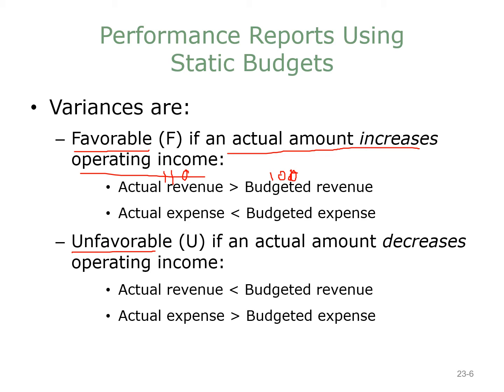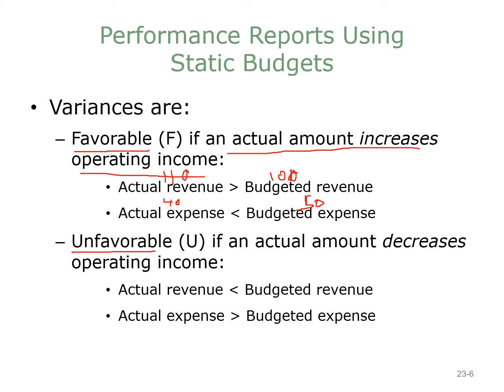So this is favorable. On the other hand, if the actual expense was less than the budgeted expense, I expected the expense to be 50 and I only incurred 40, this also results in an increase in operating income.